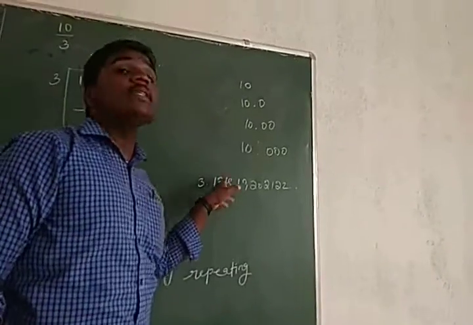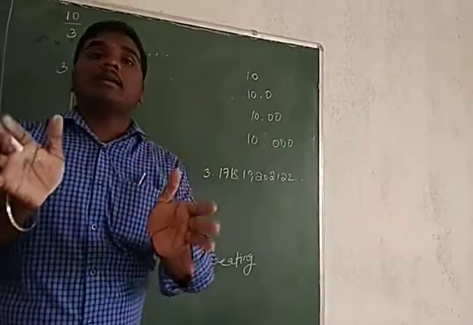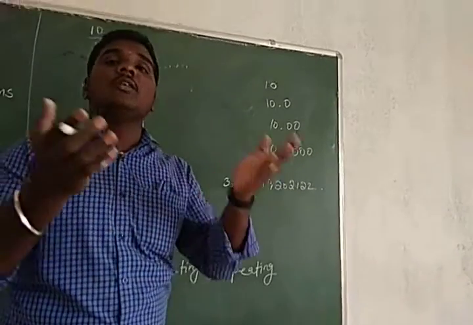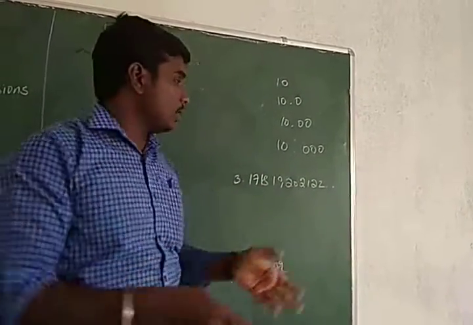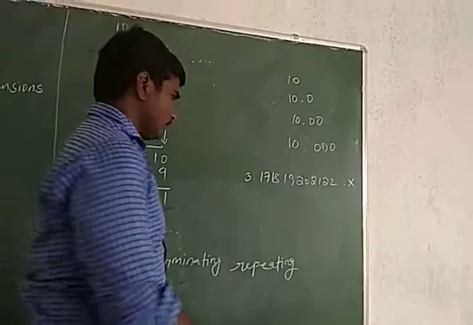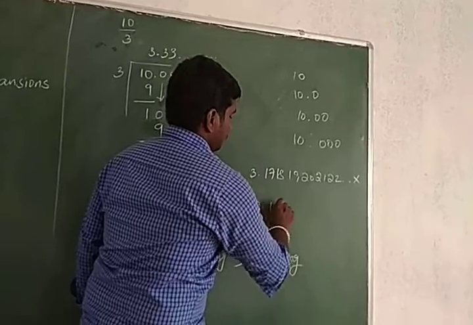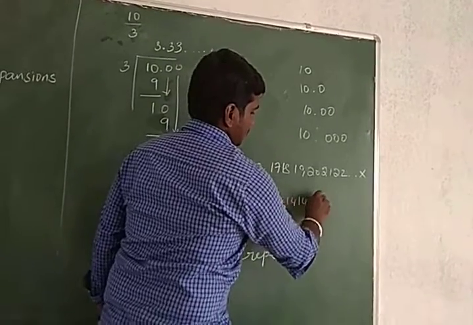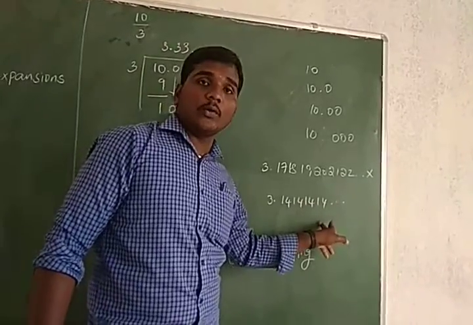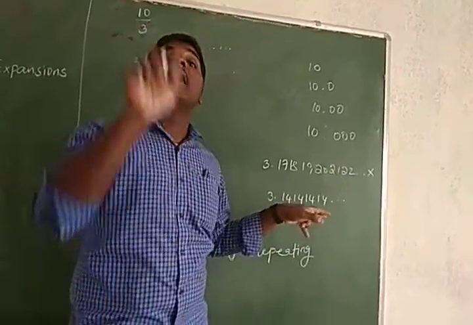Here some digits are repeating but not as a block. For example 2 digits, say 4 digits, it is non-terminating, not repeating. Now 3.14141414 is non-terminating, repeating.